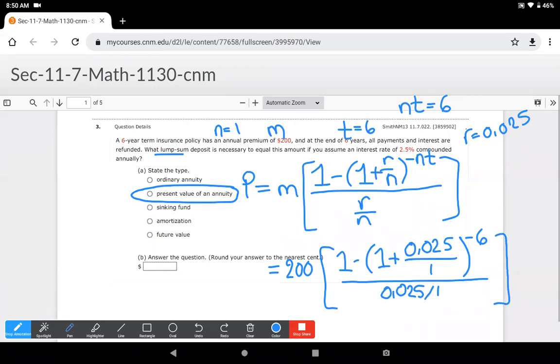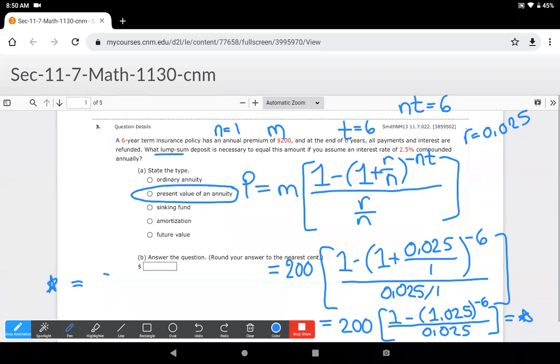When I put this through the calculator, I'll put in a cleaner version: 1 minus 1.025 to the negative 6 divided by 0.025. When I put this into the calculator, I get the result in dollars of 1101.63.